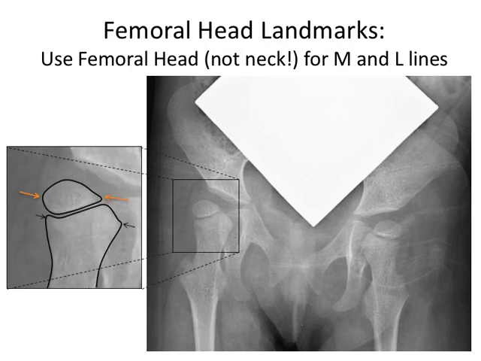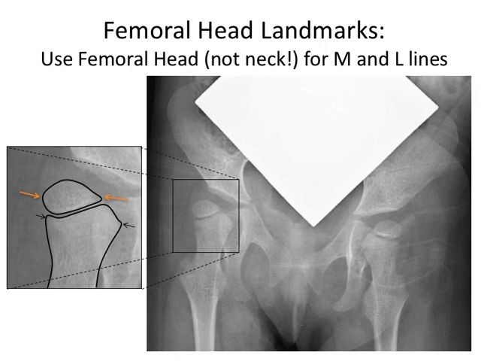So one thing you'll notice if you look very closely is that the width of the femoral neck here, with the black arrows, is very different than the width of the ossific nucleus of the femoral head. The reason we choose the ossific nucleus of the femoral head is because that is what ends up being the cartilage of the hip socket, not the width of the femoral neck.